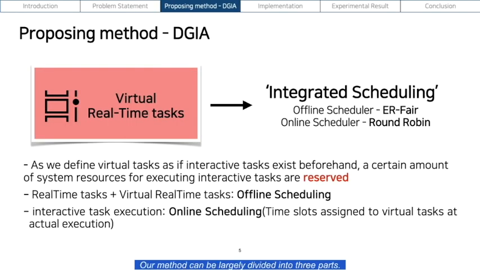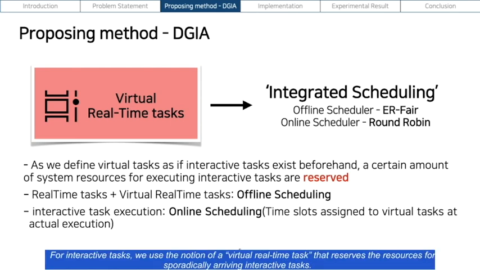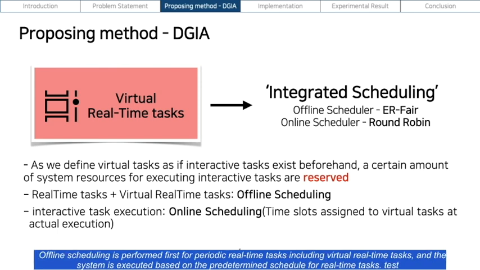Our method can be largely divided into three parts. First, virtual real-time tasks. For interactive tasks, we use the notion of a virtual real-time task that reserves the resources for sporadically arriving interactive tasks. Offline scheduling is performed first for periodic real-time tasks, including virtual real-time tasks, and the system is executed based on the predetermined schedule for real-time tasks.